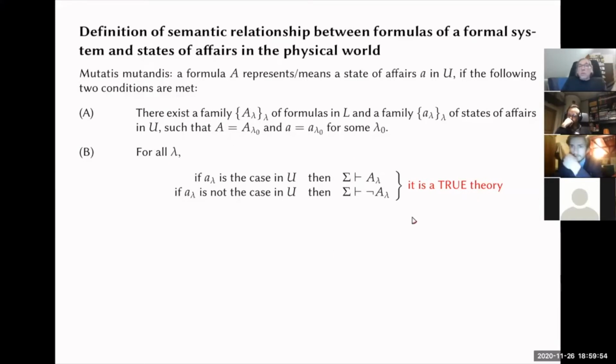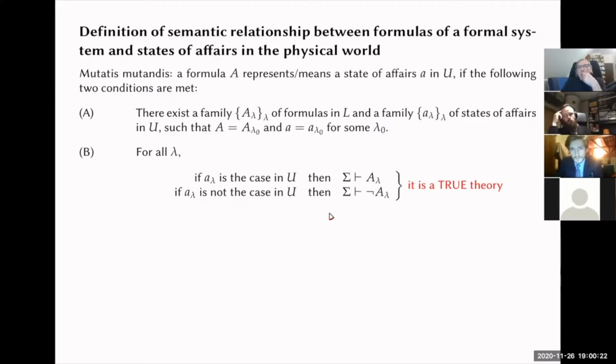But this condition is, of course, a part and parcel of the definition of semantics. So we can say that there is meaning only if this condition is satisfied. But this condition simply means, not means, but actually implies that the theory is true.